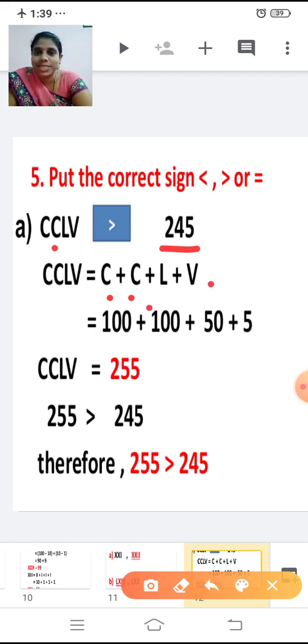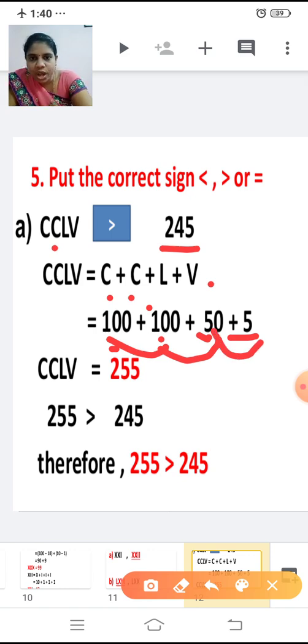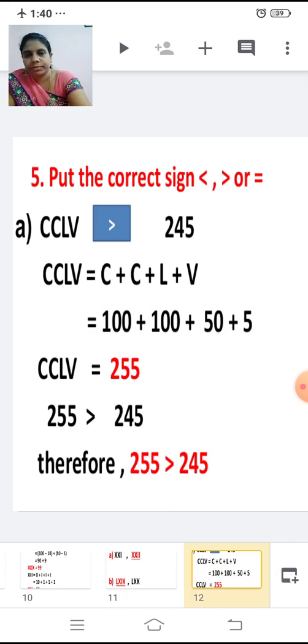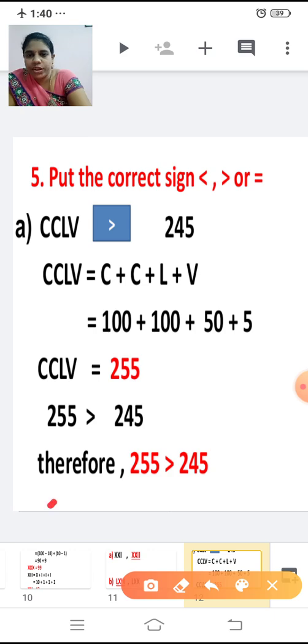What is the value for C? In Indo-Arabic number, 100 plus 100 plus L, 50 plus 5. Now add all together. 100 plus 100 is 200, 200 plus 50, 250 plus 5, 255. So the value for CCLV is 255.